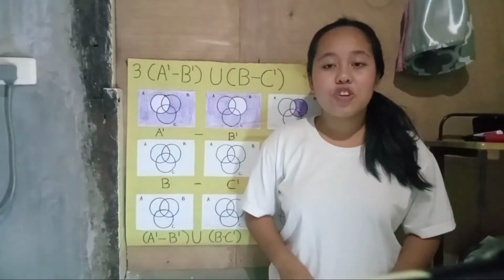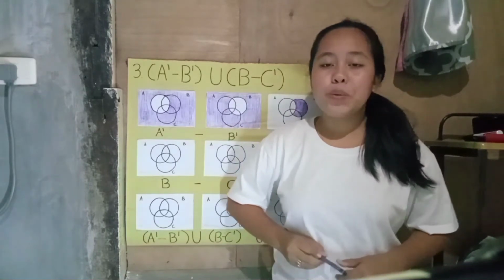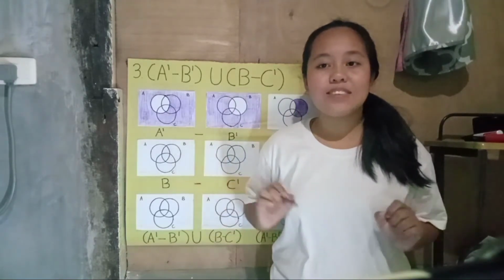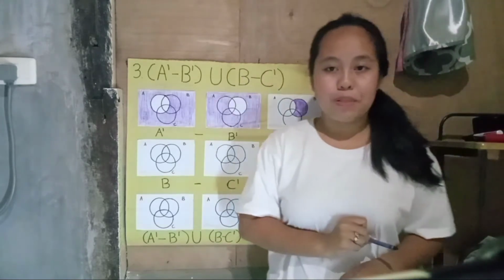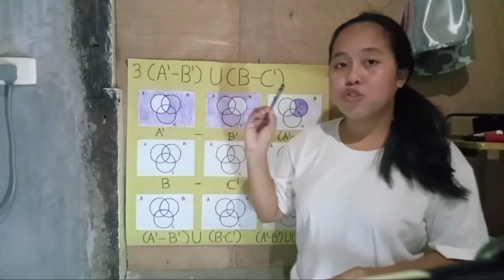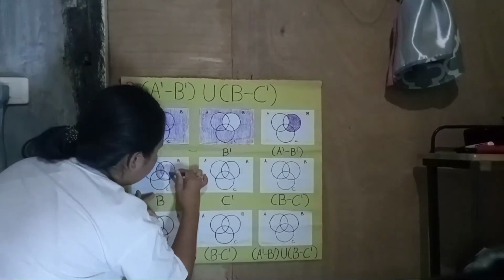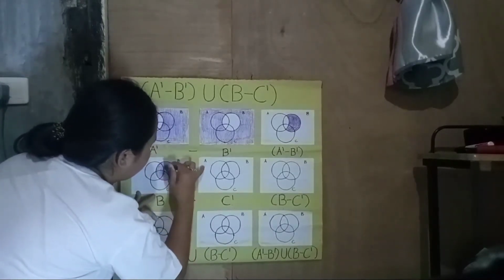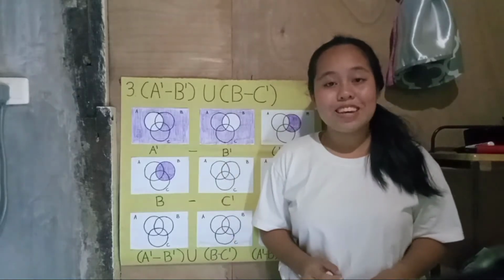After that, let's go to union. When we say union, we are going to add the answer of the identity B minus C complement. So first, we will shade only the letter B. Then let's go with C complement.